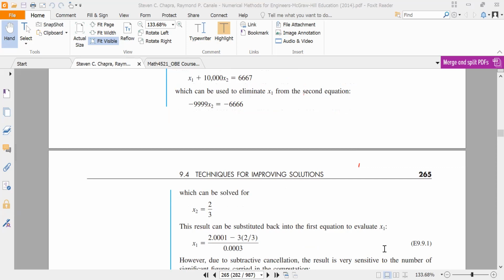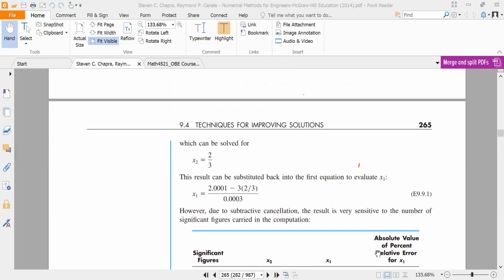It will be multiplied by 3 into the factor x2 with the significant figures that we mentioned. What is the value of 3 into 2 by 3? Is it not equal to 2? Yes, sir.